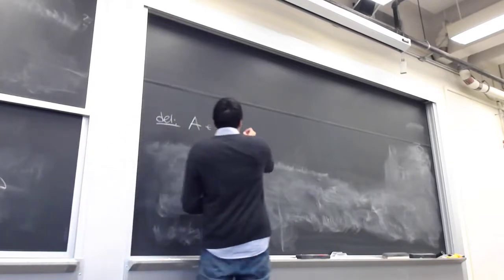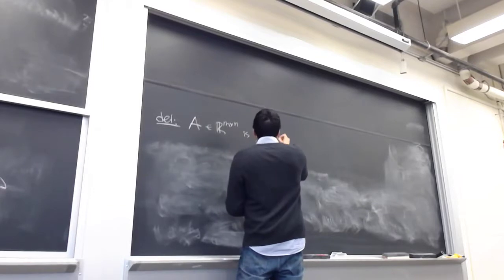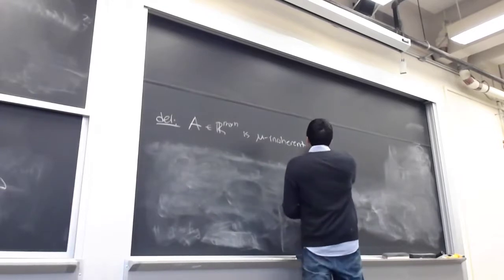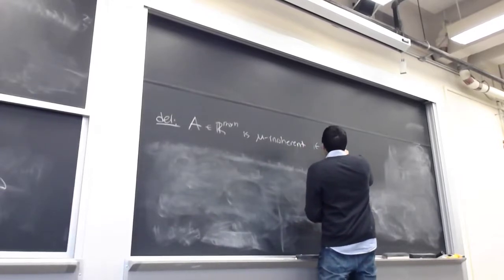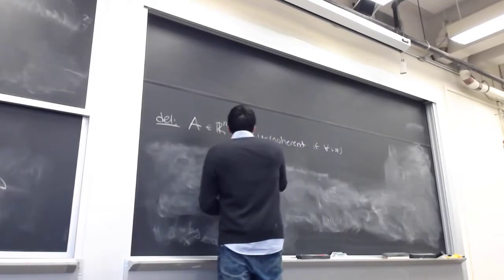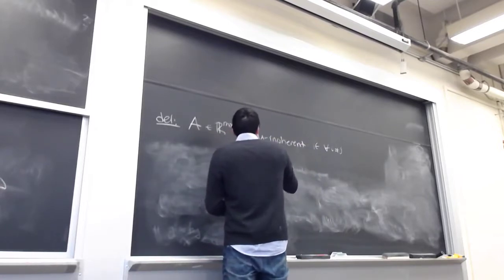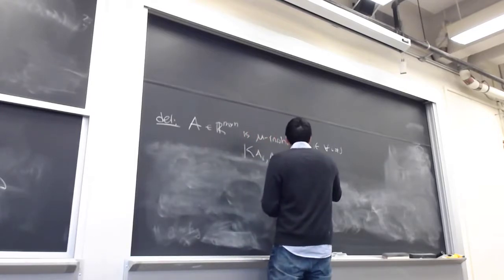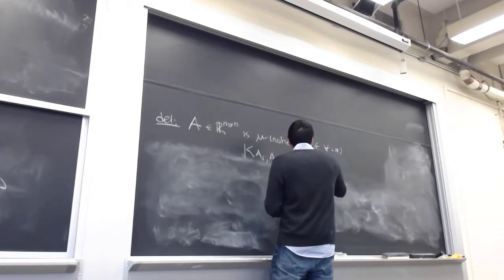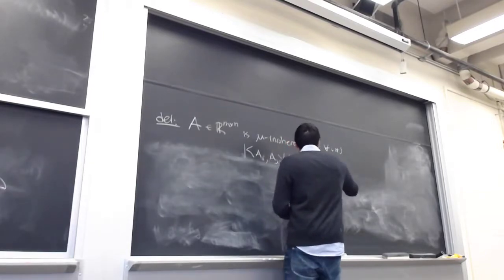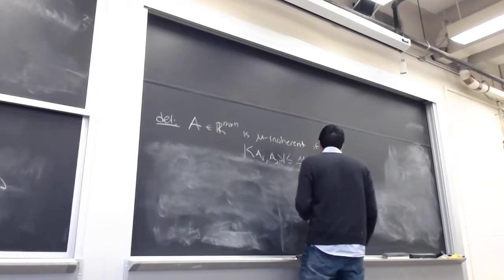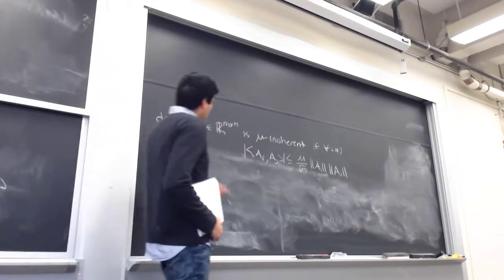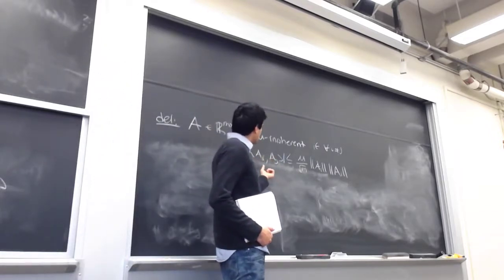And we're going to say that it's mu incoherent if for all pairs of columns, their inner product is small.